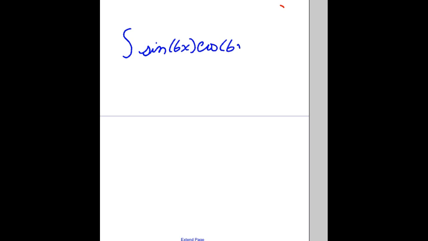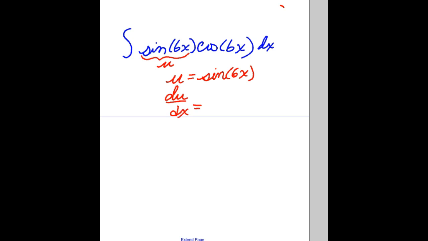So what I do is I've got two other options. I can either let u be the sine of 6x. Let's try it. Suppose I let u equal this whole thing. So I forgot my dx on the tail end of my integrand here. So if u is equal to the sine of 6x, then my du dx, my derivative of u with respect to x, the derivative of sine is cosine, the derivative of the guts is 6.